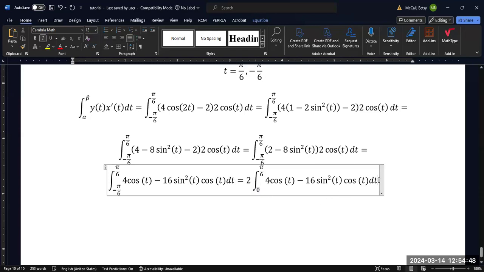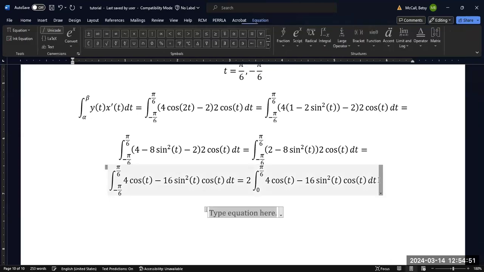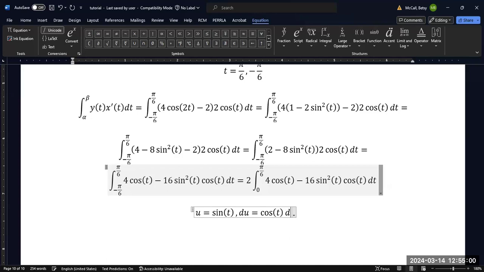So now I'm going to go ahead and do my antiderivative. And again, for the second term, I'm going to do u is sine t and du is cosine t dt. And the first term, I don't need to do any of that for. So I'm just going to get 4 sine t minus, the sine squared is going to become u squared. So I'm going to get sine cubed of t.